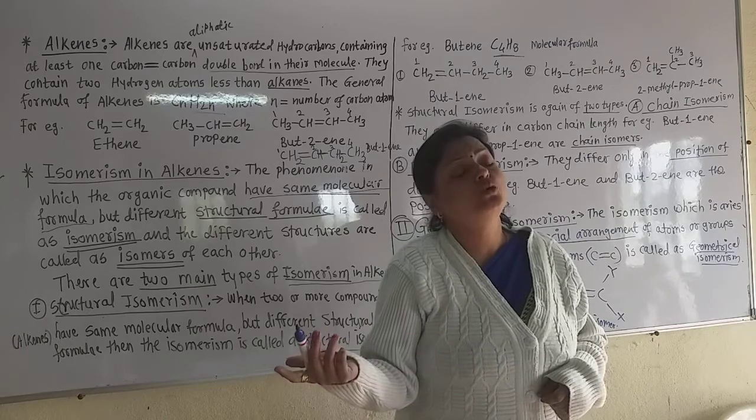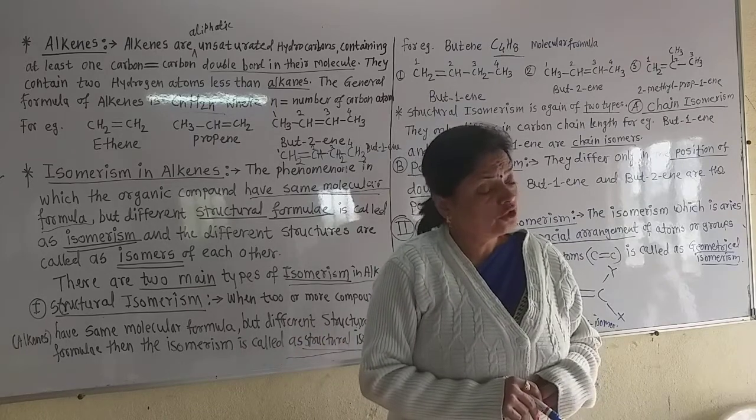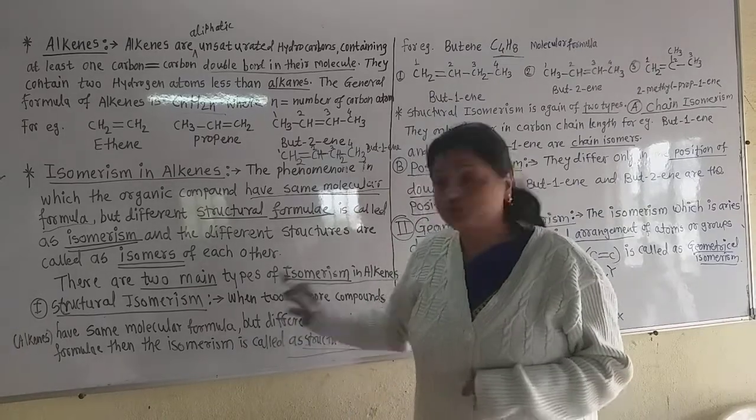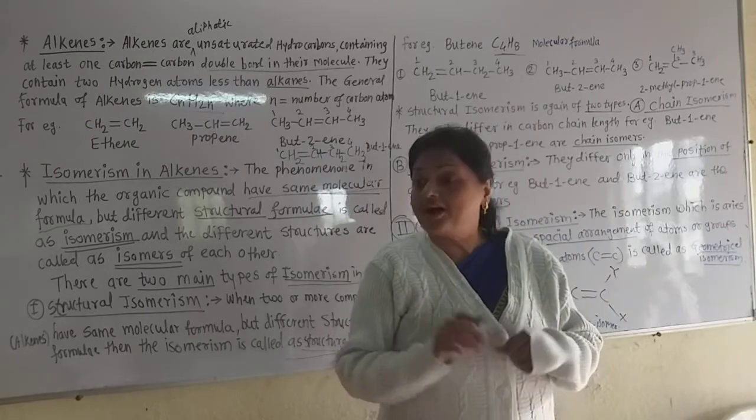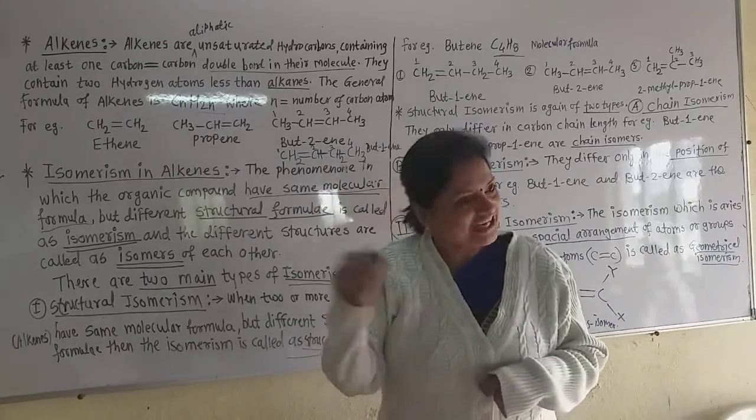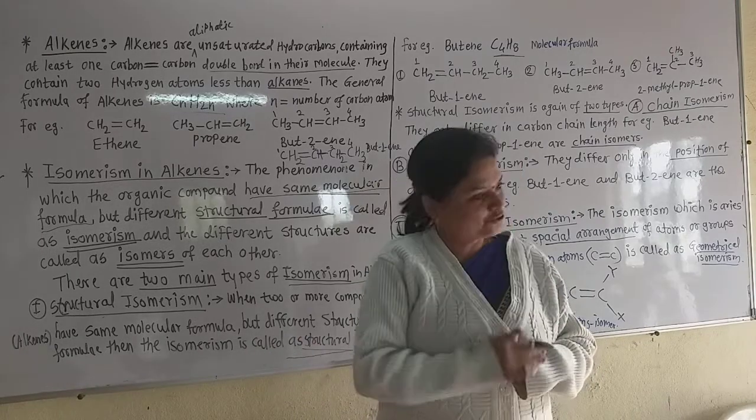They may ask you only about structural isomerism, so you must write the definition of structural isomerism. Now this structural isomerism is again of two types: chain isomerism and position isomerism.